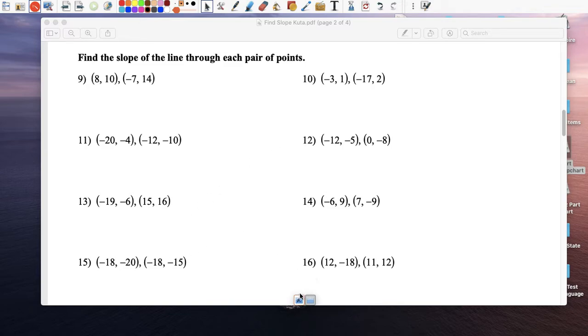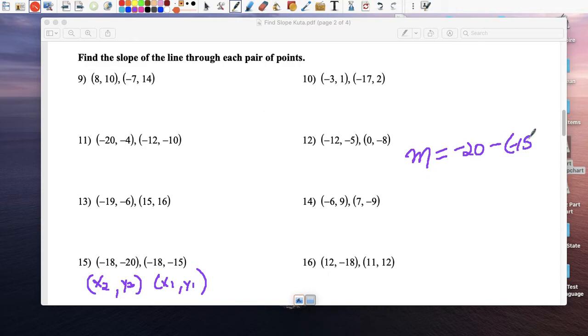Let's do 15. So 15, again, just to be different, let's call this x2, y2. And let's call this second point x1, y1. It doesn't really matter. So m equals y2, which in this case is negative 20, minus y1, which in this case is negative 15, over x2, which in this case is negative 18, minus negative 18.